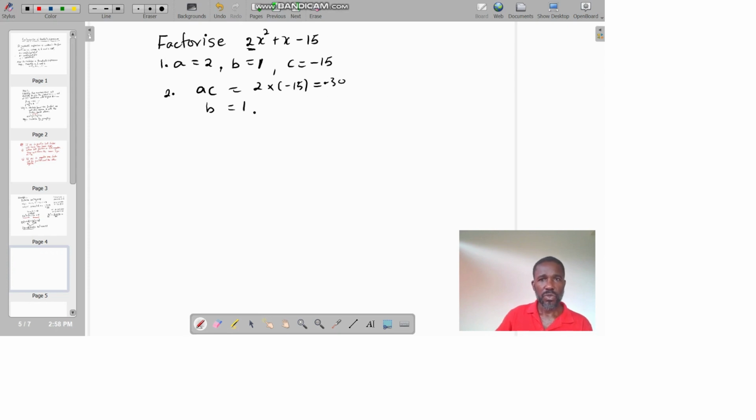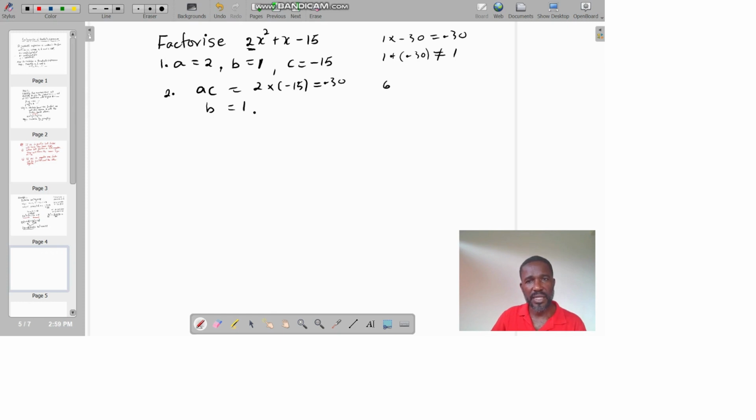So let's try to find the factors. 1 times negative 30 will give us negative 30, but 1 plus negative 30 is not equal to 1. So hence these two factors cannot be used. We would have to continue with trial and error until we get two factors that multiply to give negative 30 and add up to positive 1.